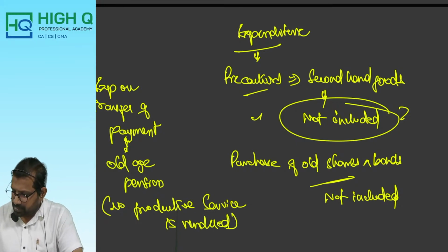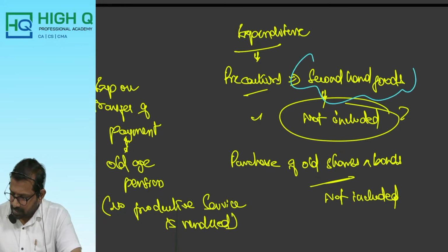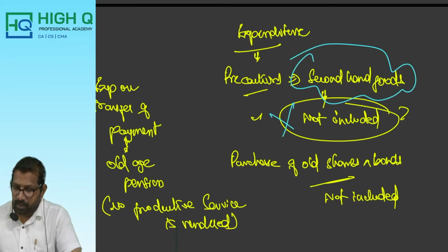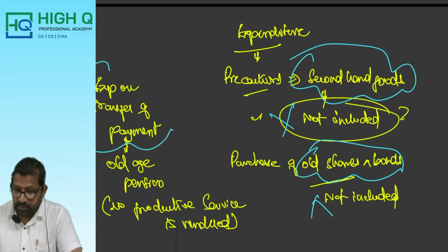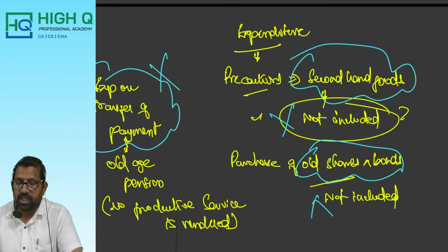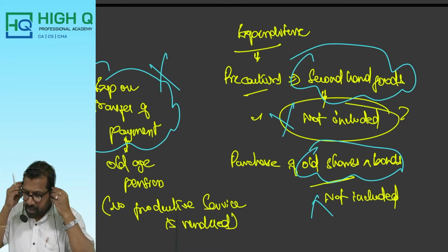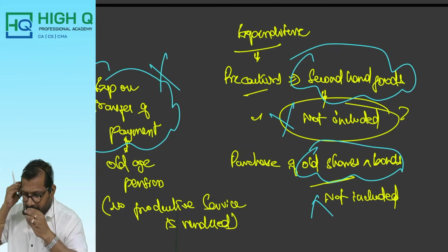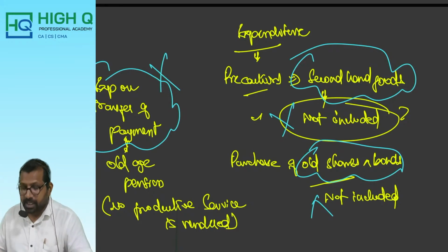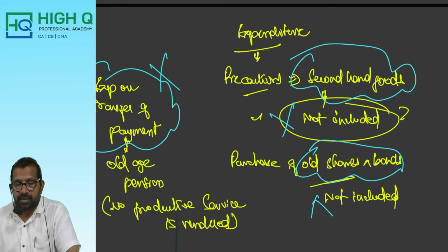So like this, second-hand goods not included, purchase of old shares and bonds not included, expense on transfer payment not included. All these points are to be taken into account while calculating by the expenditure method. So there are various precautionary measures to be taken on 3 important methods: product method, income method, and expenditure method.